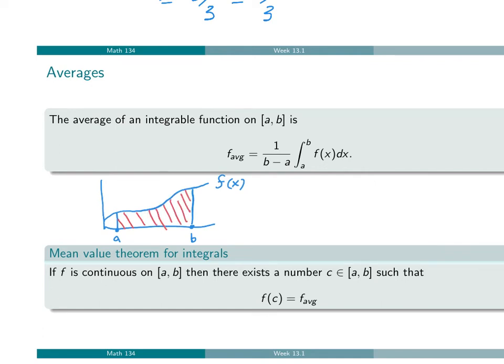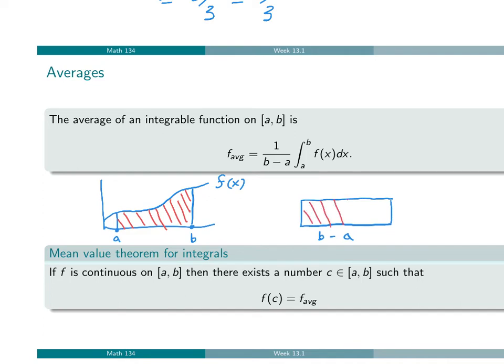If you were to take that very same area and take a rectangle that has the exact same width, so this width will be B minus A, that distance that I just drew down, and we're going to take some height that will have the exact same shaded red area.